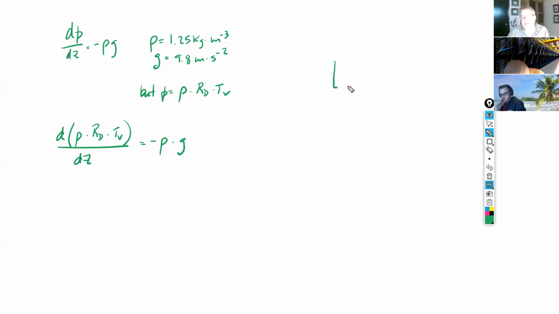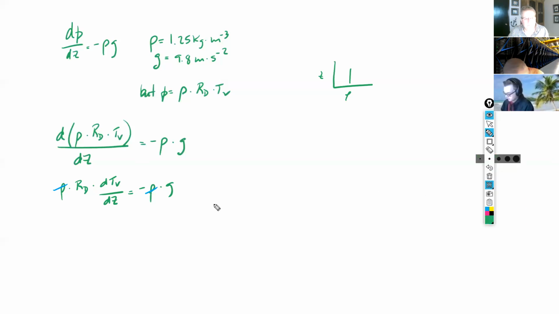Remember we drew that little graph here? Height, density, so density is constant. So I can go rho Rd times the derivative of Tv with respect to z, which is the lapse rate, equals minus rho g. But the rhos cancel out, and Rd comes over there, and I'm left with the derivative of temperature with respect to height equal to minus g over Rd, where the minus is just because it's a lapse rate, it's already cooling.